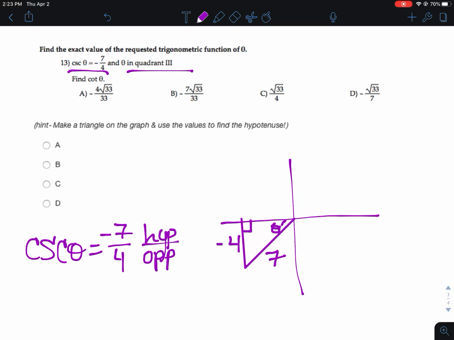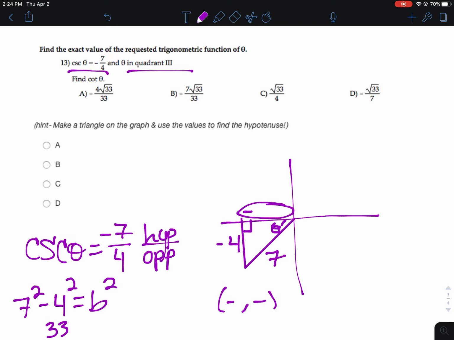And because we're in quadrant 3, we are going to have a negative x value here as well, because in this quadrant, both x and y are negative. So use Pythagorean theorem to find b squared. We get 49 minus 16, or 33. So b, this missing side here, is the square root of 33, and it's negative because we're in quadrant 3. So the quadrant gives you the negative and positive signs.